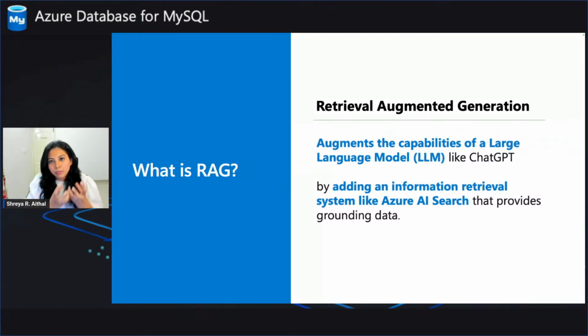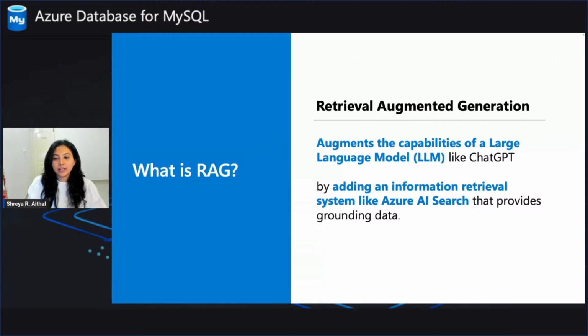So you augment the capabilities of an LLM like ChatGPT by adding an information retrieval system like an Azure AI Search, which will actually provide the data for you from your data source, right? Like from your database. And then once the LLM gets back that information, it generates a response back to the user. So it's augmenting, it's retrieval, and it's generating a response back, right?